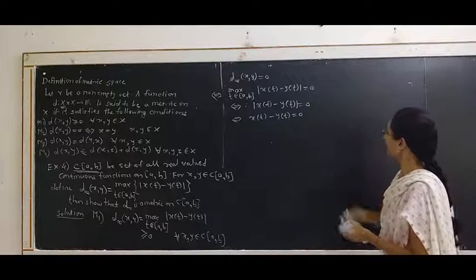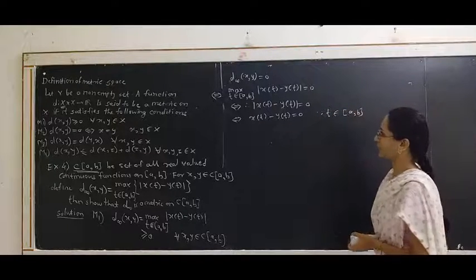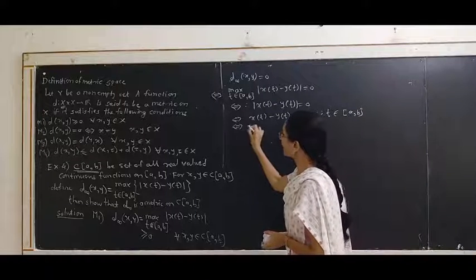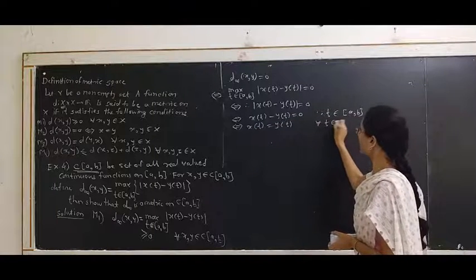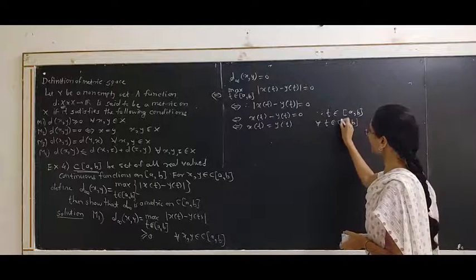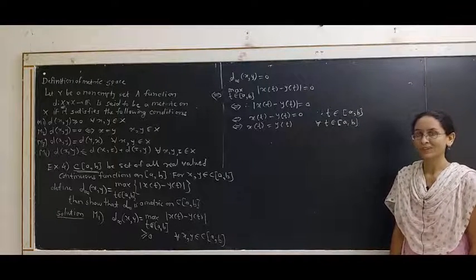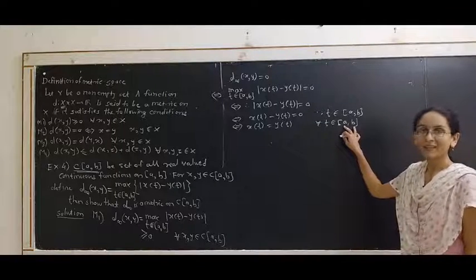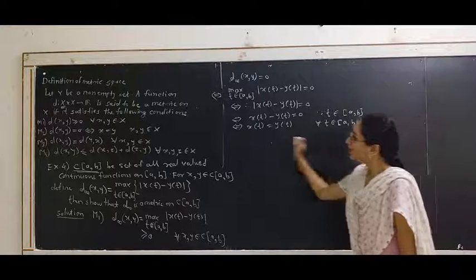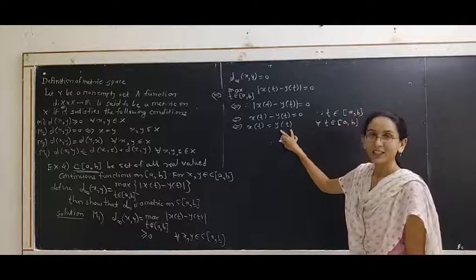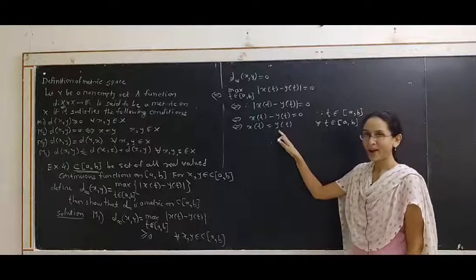where t belongs to the closed interval [a,b]. This means x(t) is equal to y(t) for all t belonging to [a,b]. Now x and y are not numbers, they are functions defined on the closed interval [a,b], and they are continuous real valued functions. x(t) equal to y(t) means the x function takes the same value as the y function.